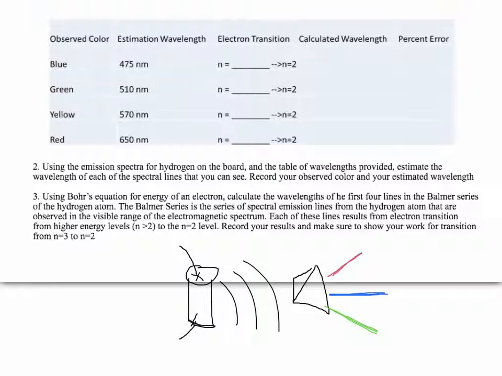You can actually use a special device to find out exactly what the wavelength of each of those colors is, but for these purposes, just assume that we know what the wavelength of each color is. So you've seen, for example, a red light, and you know that red is 650 nanometers, or whatever the specific chart that you're given says it should be.